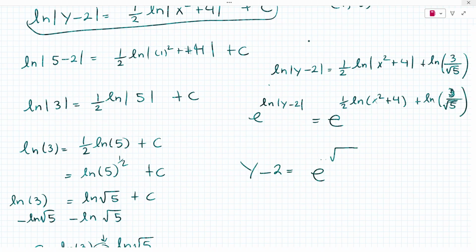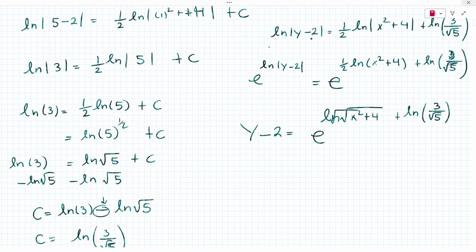So it's going to be e to the ln square root of x squared plus 4 plus ln of 3 over radical 5.